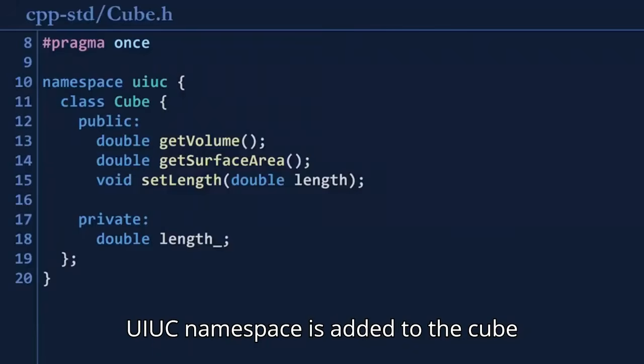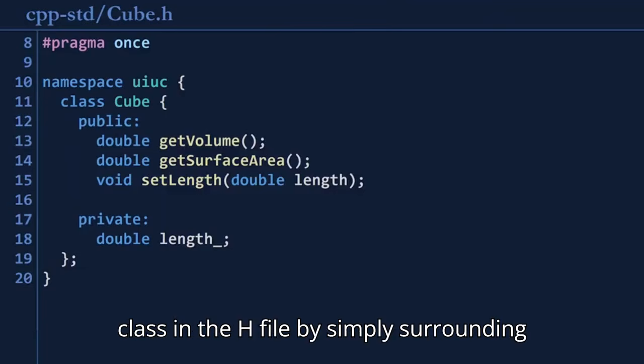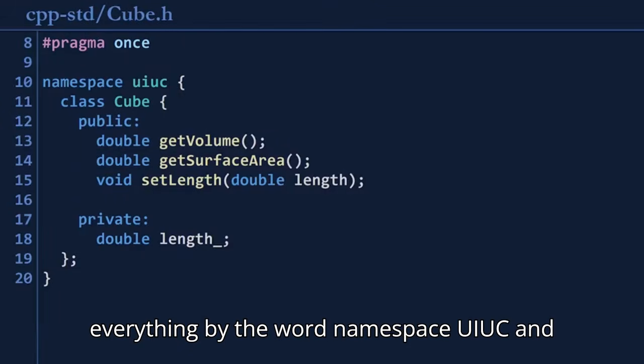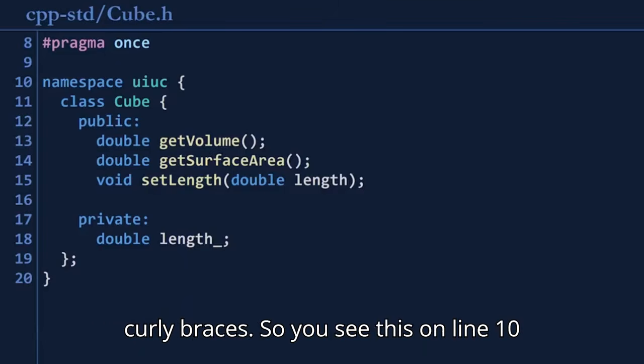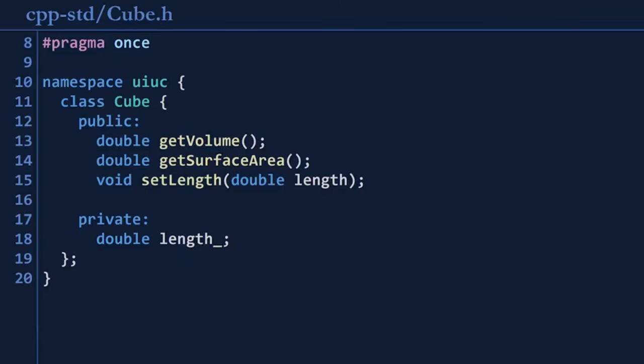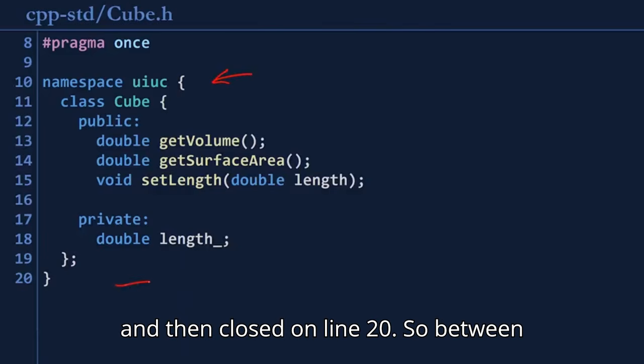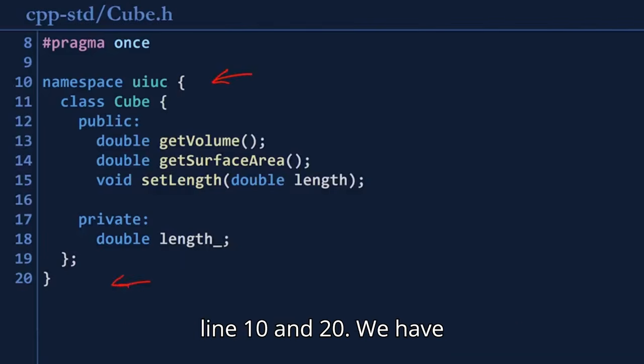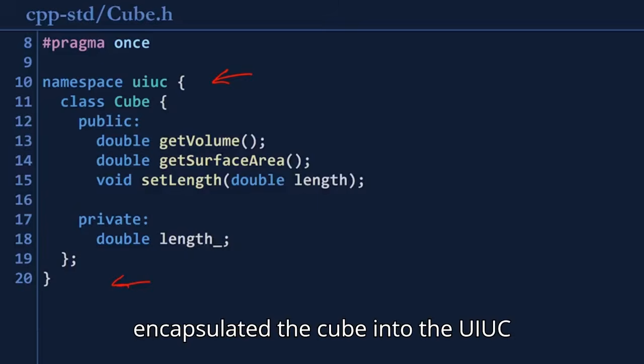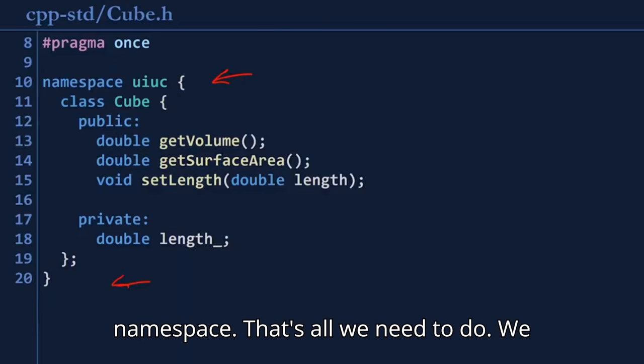This UIUC namespace is added to the cube class in the .h file by simply surrounding everything with the word namespace UIUC and curly braces. So you see this on line 10 and then closed on line 20. Between line 10 and 20, we have encapsulated the cube into the UIUC namespace. That's all we need to do.